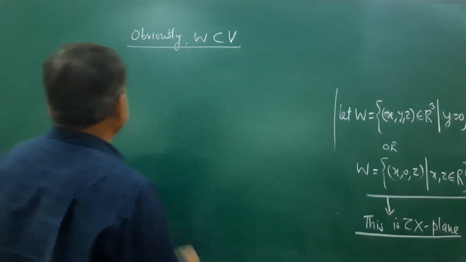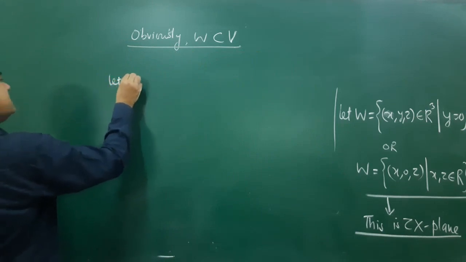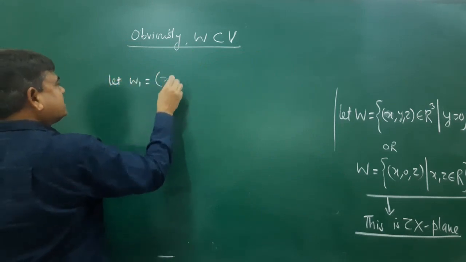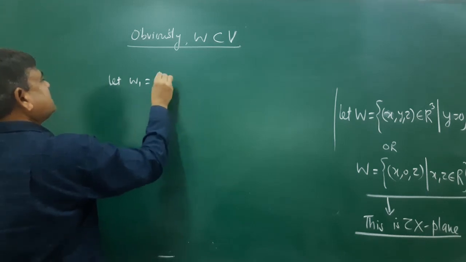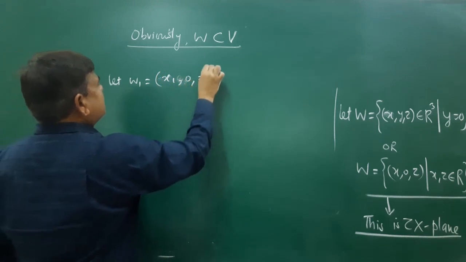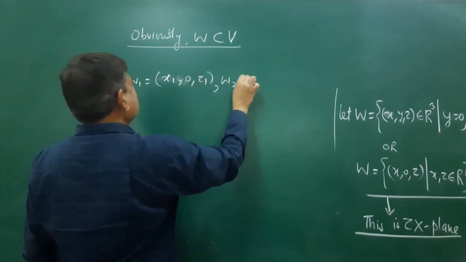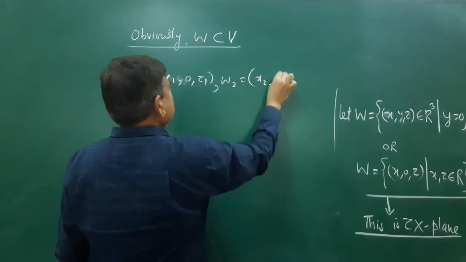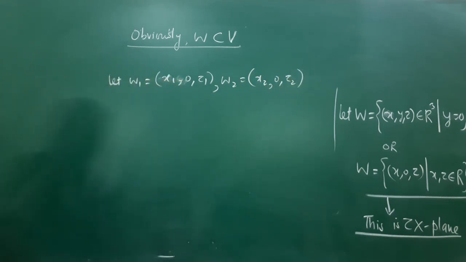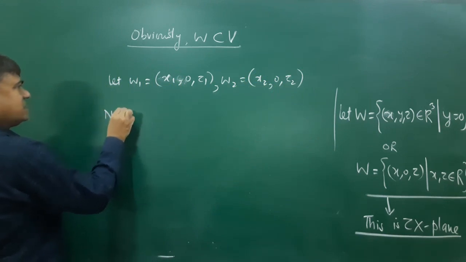Okay, so let W1 equal (x1, 0, z1) and W2 equal (x2, 0, z2). Now the closure property.